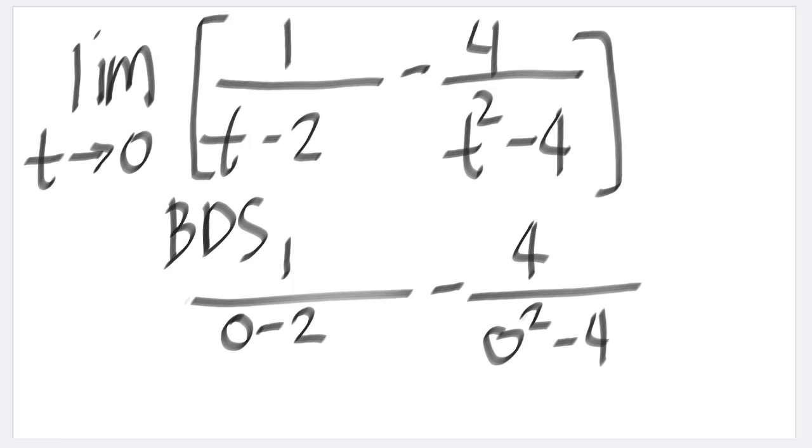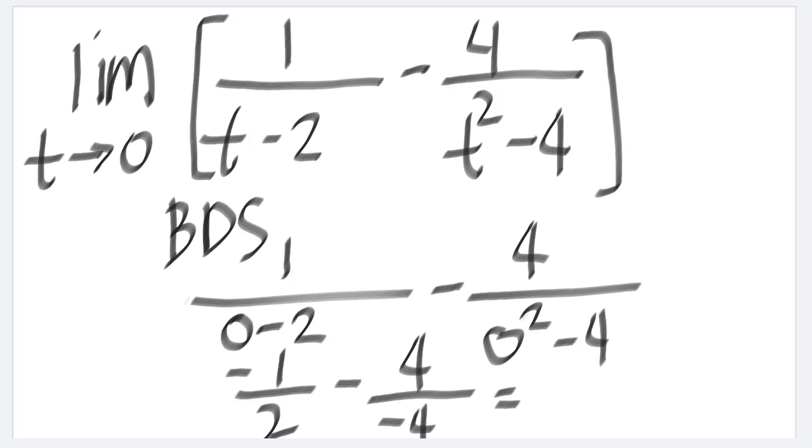And this is equal to negative 1/2 minus 4 over negative 4. That is negative 1/2 minus 1, which is negative 3/2.